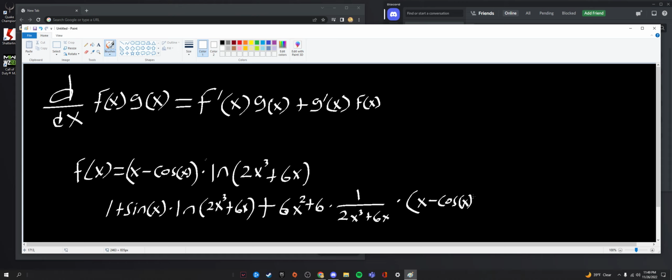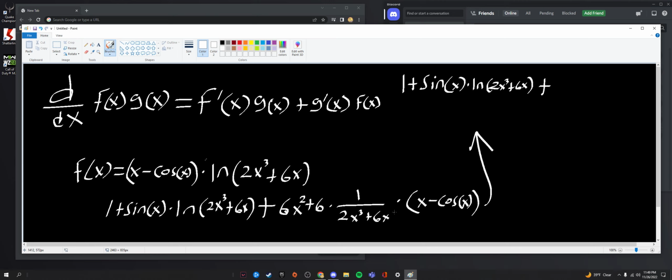Now that's cool, but we're not entirely done. We can do some simplification. So I'll write it up here. 1 plus sine of x times ln of 2x cubed plus 6x. That's just the same thing, we're not going to simplify that. And now we're going to be adding.